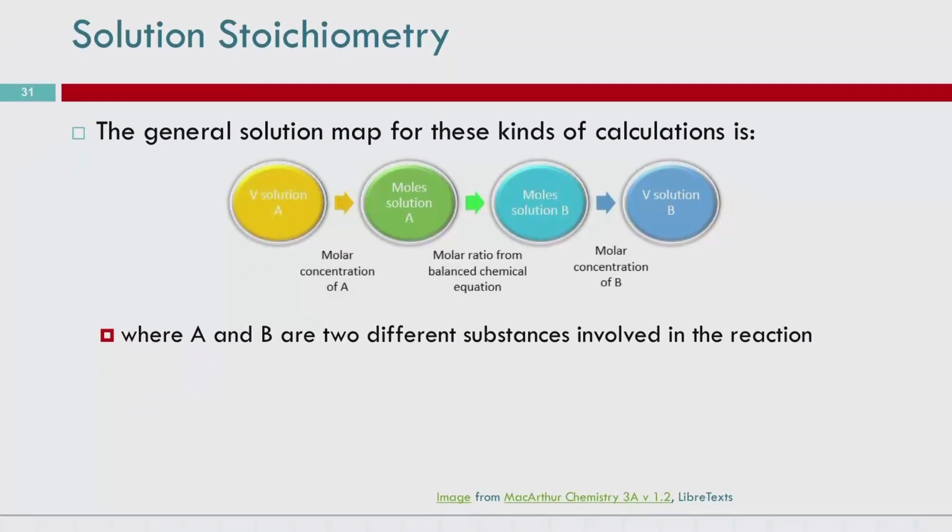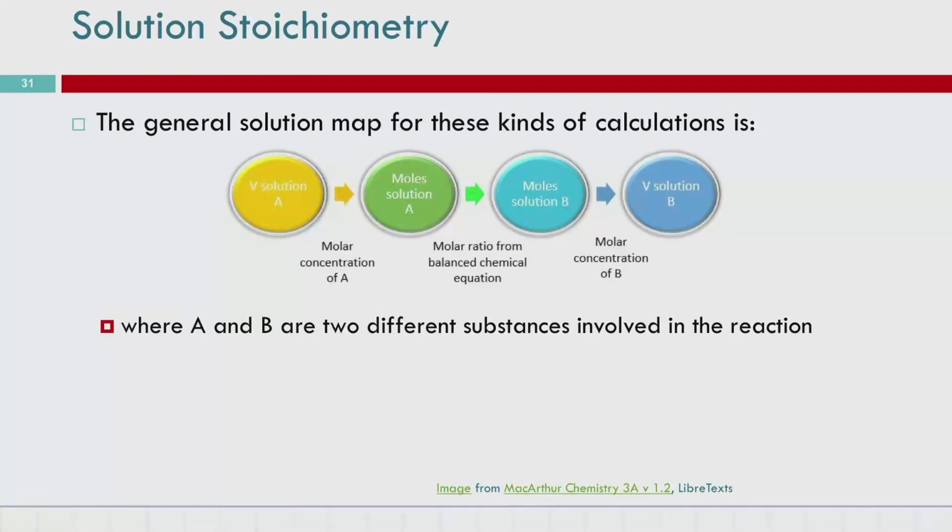Here's what a general solution map might look like. We would be starting with some volume of a solution. You multiply it by the molar concentration of A, since molarity is moles over liters. So if you multiply moles over liters by liters, you just get moles out. That gets us to moles of solution A. Then we would use the molar ratio from our balanced chemical equation that we're either given or we come up with. And we can figure out how many moles of solution B we would have or need or create.